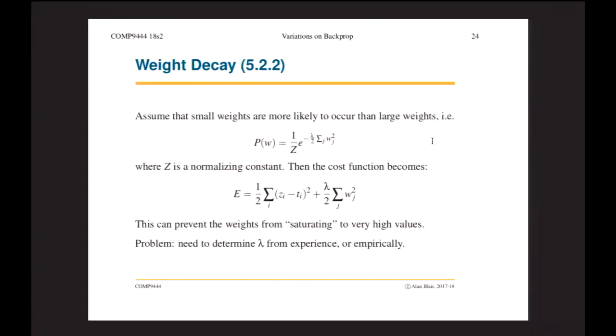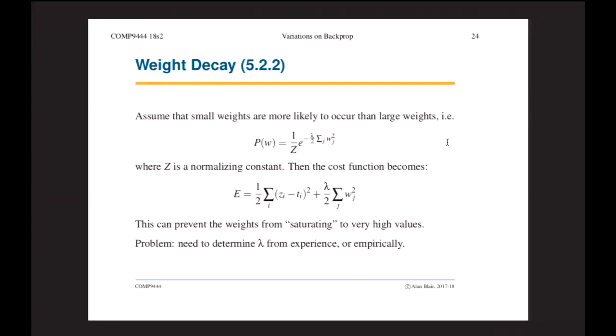Okay, so what has this got to do with neural networks? Well, the most common assumption that we make is that certain weights are more likely than others. We assume that smaller weights are more likely to occur than larger weights. So here's this Gaussian distribution we impose on the weights.